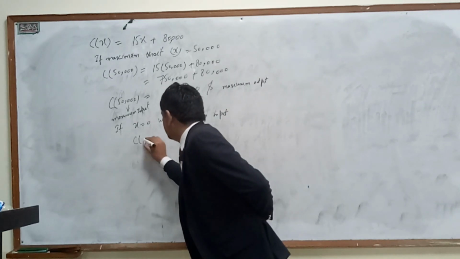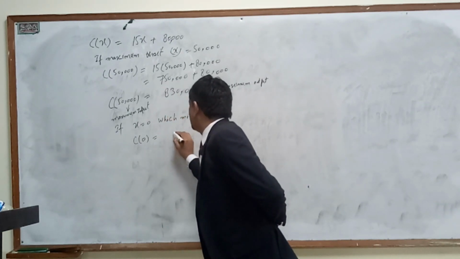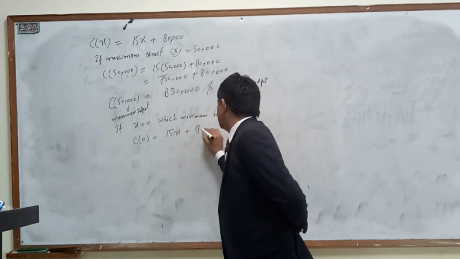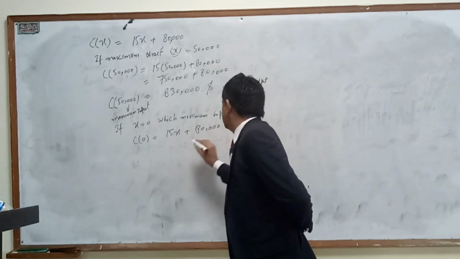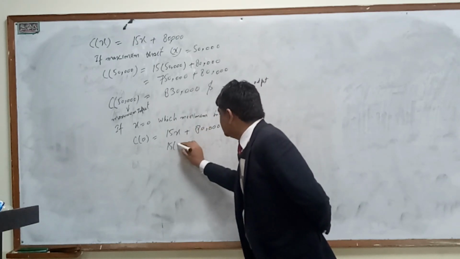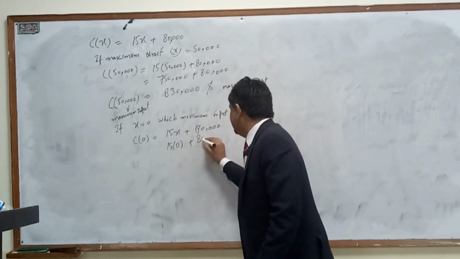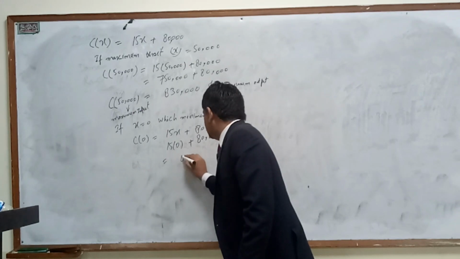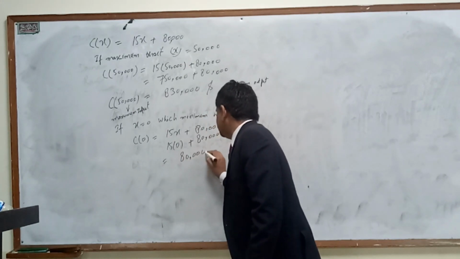So C of 0 is equal to 15x plus 80,000. The value of x in this case is 0, so 0 plus 80,000, that is 80,000. What's the interpretation?